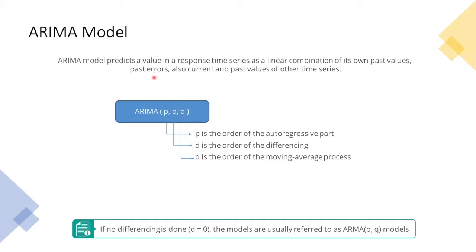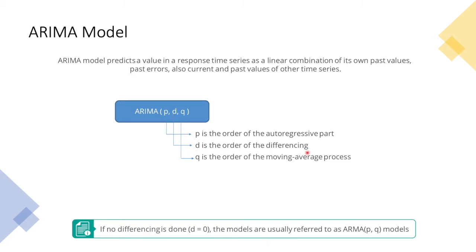The ARIMA model predicts the value in the response time series as a linear combination of its own past values, past errors, and also current and past values of other time series. Similar thing, but compared with the ARMA model, the ARIMA model has the D term.